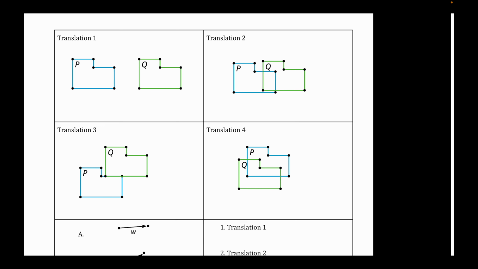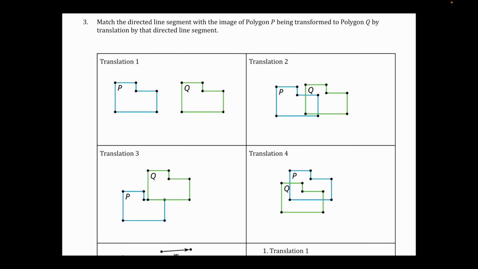So I'm going to take a point on P and try to just see which translation or which directed line segment would move it to the corresponding piece on Q. So I'm going to look at the lower right corner of this larger part of the figure.